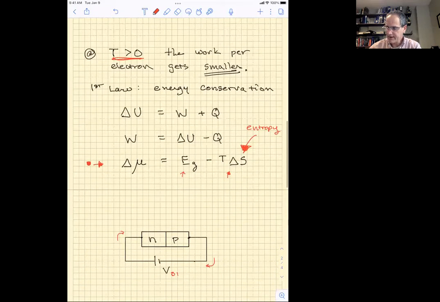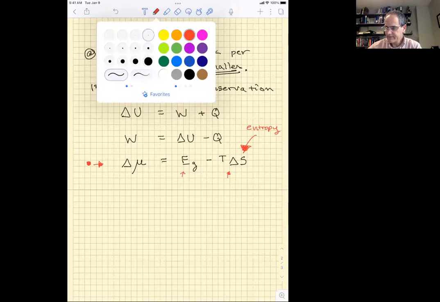Here's our drawing again. Well, the next thing to do is to put numbers into this, okay?